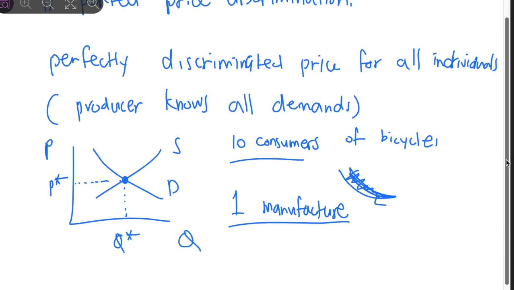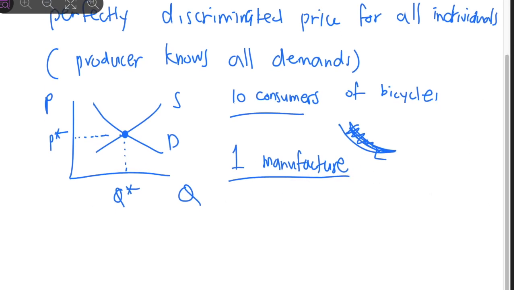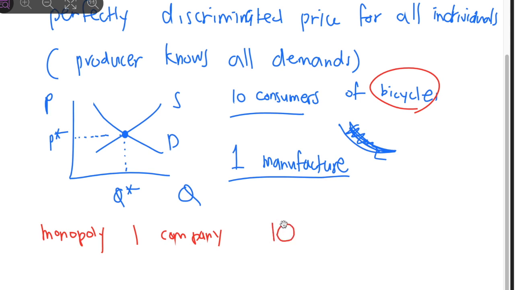Then what happens? Firstly, we are starting with monopoly. There is only one company to produce bicycle and the 10 consumers have to purchase at this only company, right?